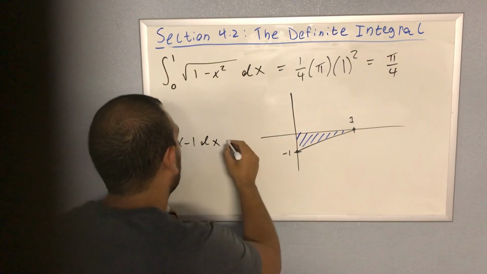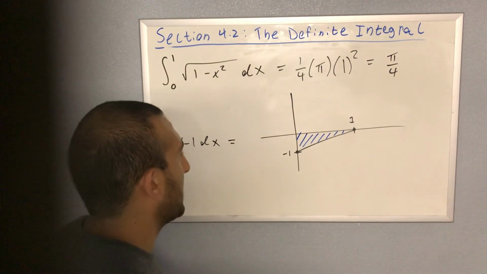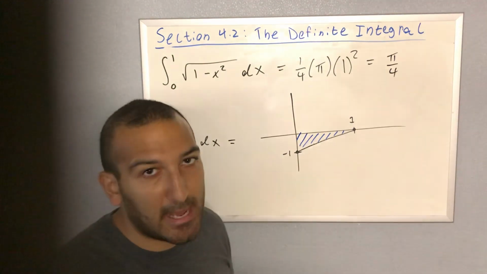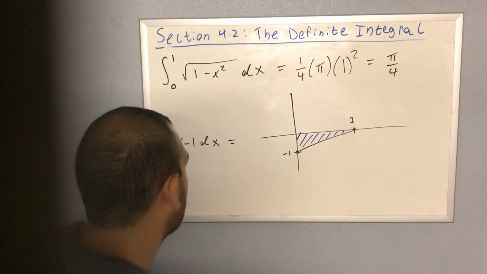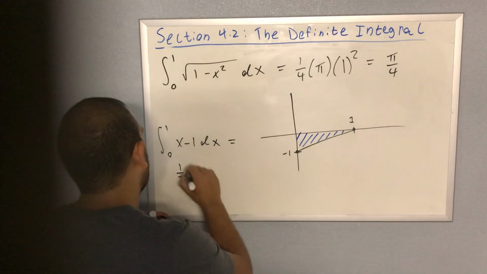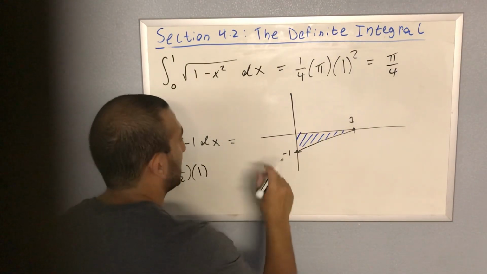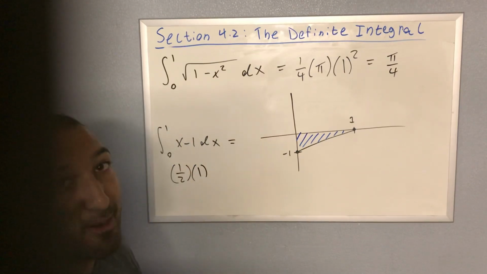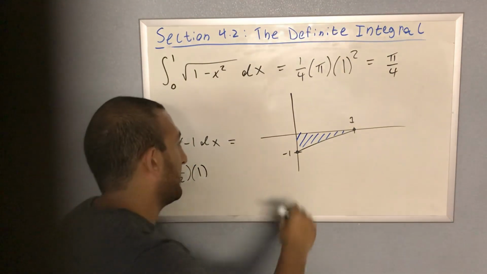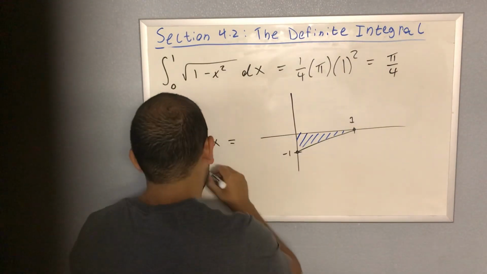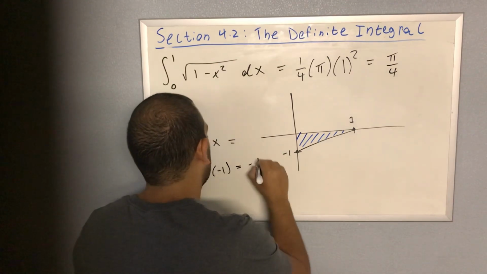Remember, the area of a triangle is 1/2 times the base times the height. So this is going to be 1/2 times the base length, which is 1, times the height, which here is not positive, it's -1. So this is going to be -1/2.